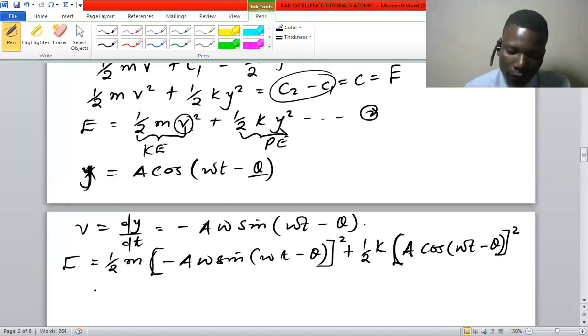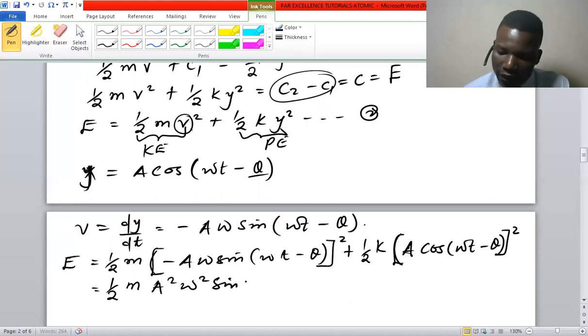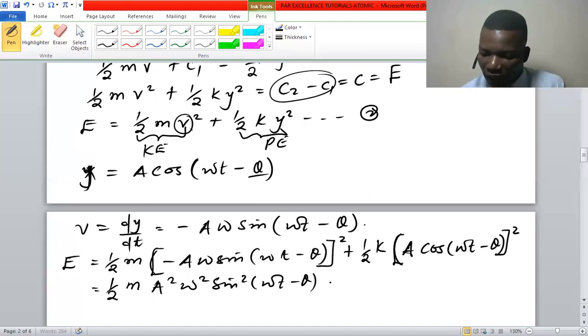Okay, so multiplying, we're going to have half m a squared omega squared sine squared, and then plus half k a squared cos squared.